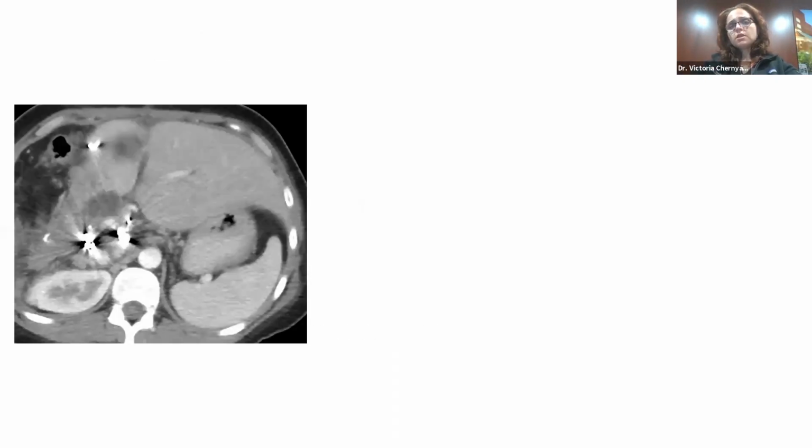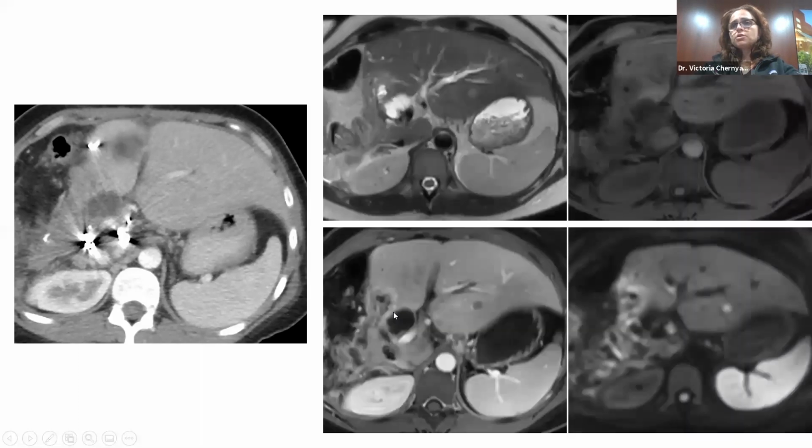For example, this is a 36-year-old woman who had metastatic disease, and even Dr. LCIS looking at this image will not be able to find a little metastasis which developed in the left hepatic lobe. But if I show you MRI images, T2, T1, T1 plus contrast, and this is the diffusion weighted sequence, none of you will have an issue detecting this little metastatic lesion.